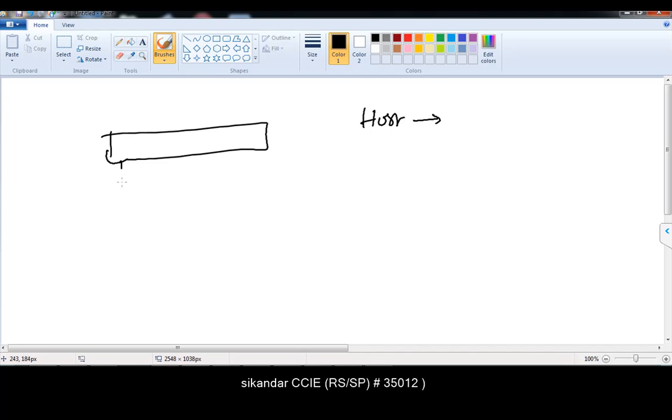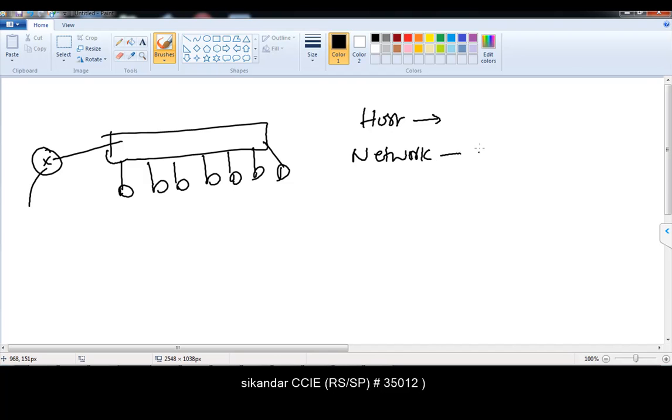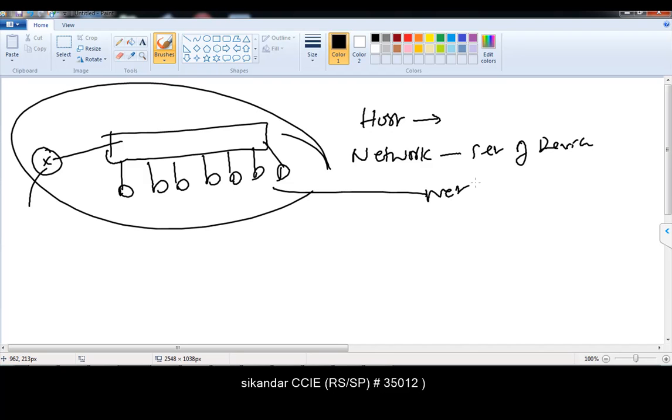If we talk about a LAN, in my LAN I can have 10 devices, and each and every device represents one host. It can be a computer, a router, a firewall, any single device we can call a host. Whereas a network is a set of devices. Generally a network represents a set of devices, grouped all together.